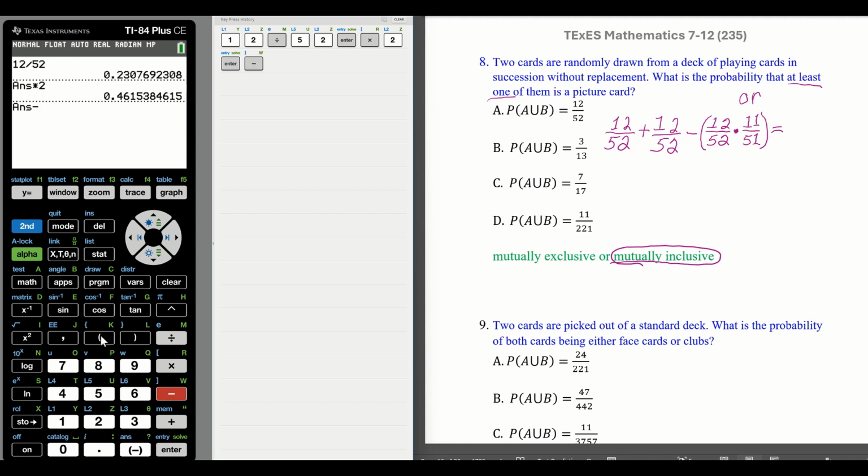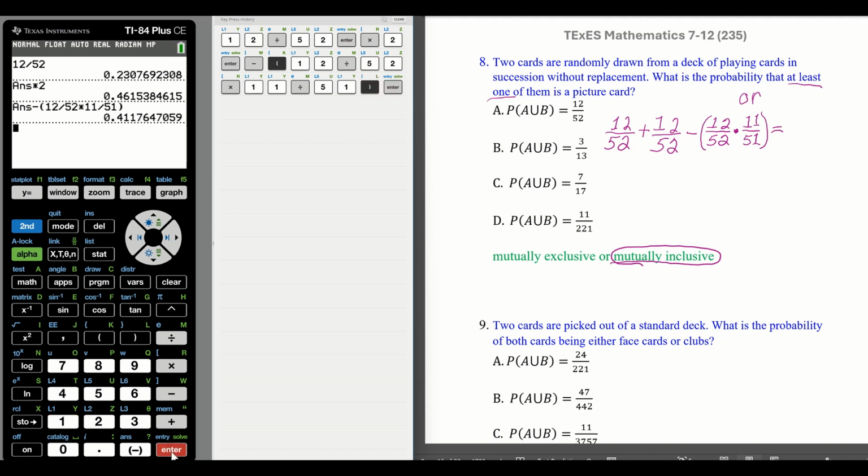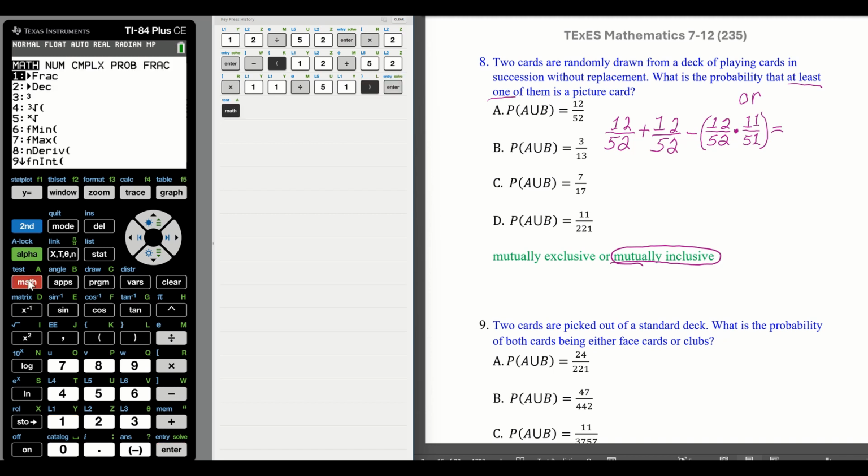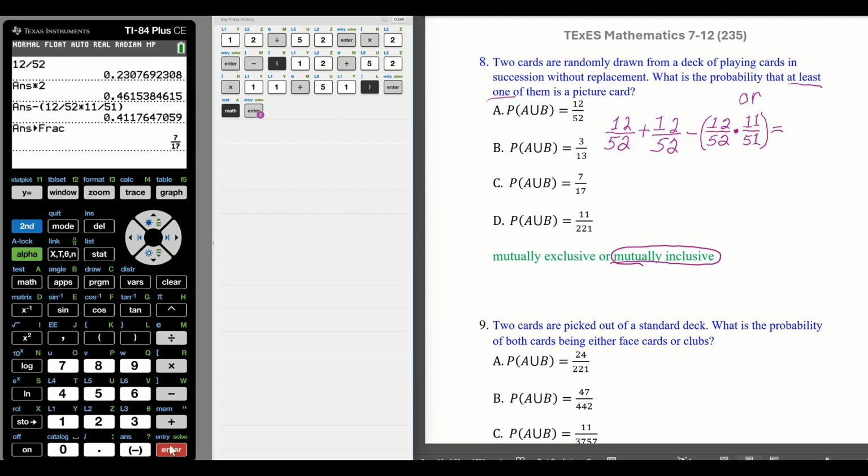Now I'm going to subtract a repetition, which is 12 divided by 52 times 11 out of 51 cards. Okay, press enter, math, enter, enter, and we have C, 7 out of 17.